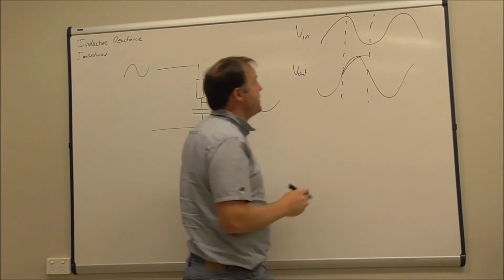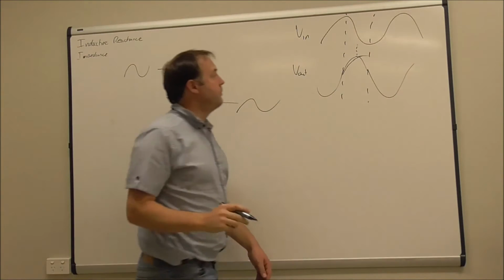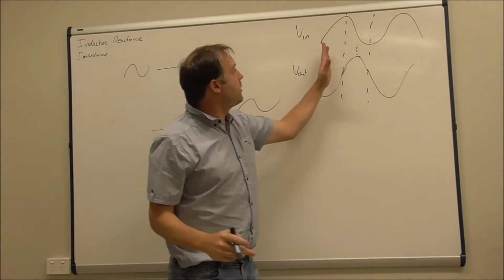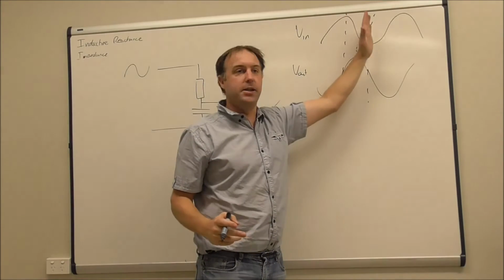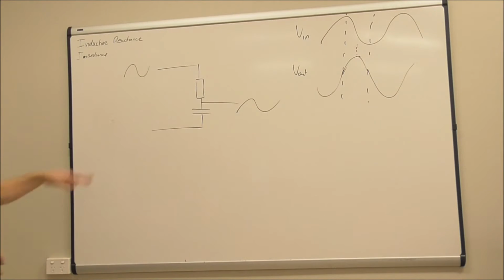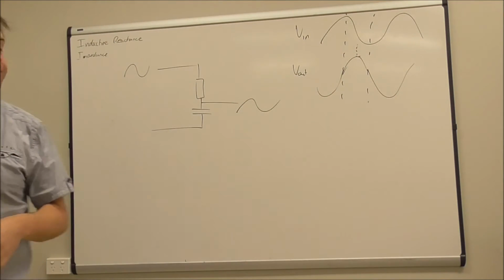Okay, so we see a phase delay, so that the peak of the output voltage there is out of phase, so delayed a little bit from the input voltage. Okay, so in our capacitive network, we're seeing there's a change in phase between the input and the output.